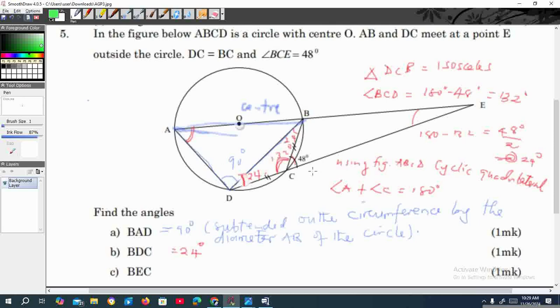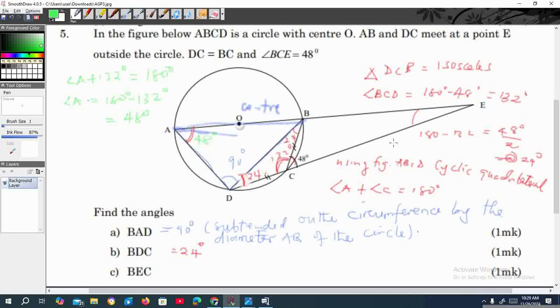So angle A plus angle C, which is 132 degrees, is supposed to give us 180. So angle A will be 180 degrees minus 132 degrees. So this will be 48 degrees. So this angle here will be 48 degrees.